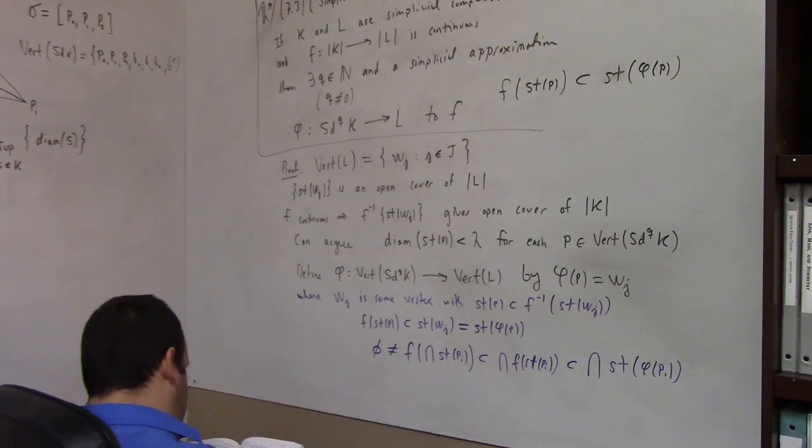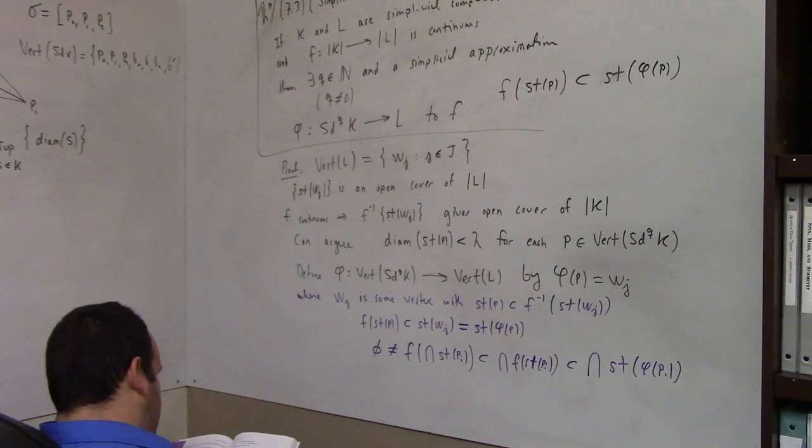So the intersection of the stars of phi of pi is non-empty.